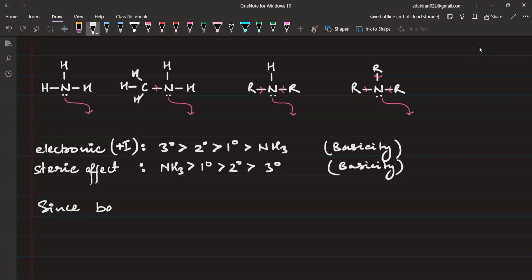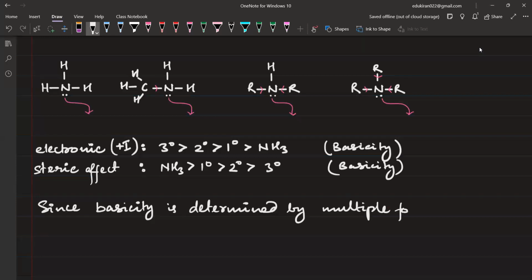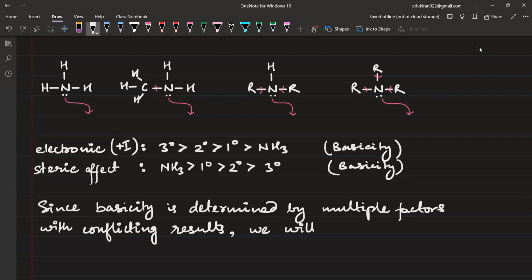Since basicity is determined by multiple factors with conflicting results, we will conclude according to the experimental values.